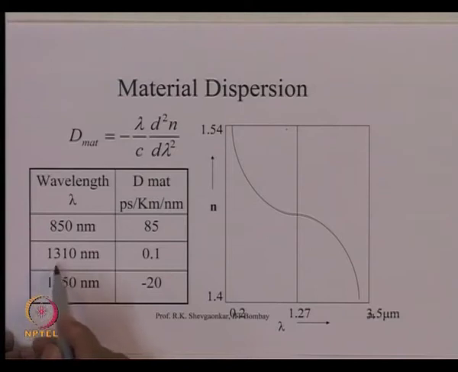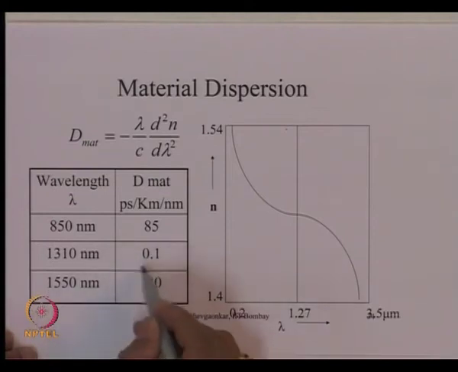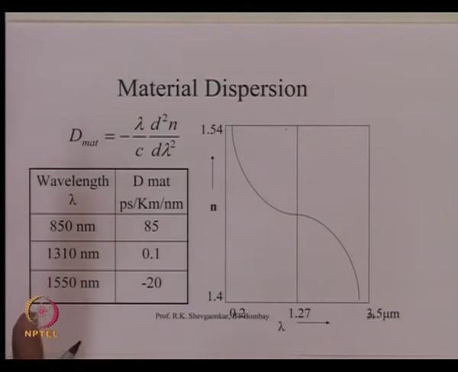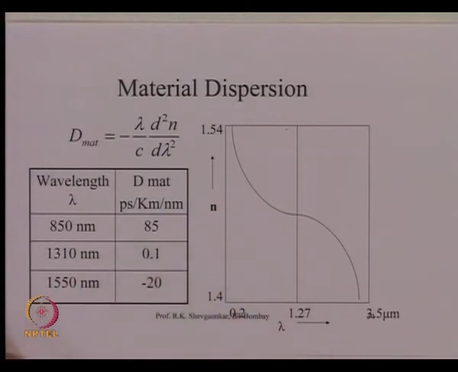Then the 1310 nanometer window, which is very close to this, here the dispersion is very small, and now you will appreciate why the 1310 window was preferred over 850, because in this the dispersion is very small. Again, when you go to the wavelength which is 1550 nanometer, the dispersion becomes negative 20 picosecond per kilometer per nanometer.